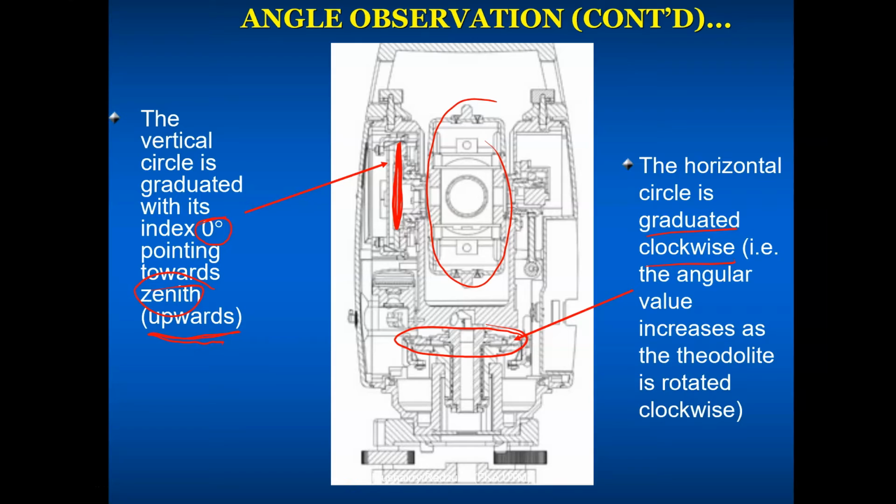I think you will see that later when we talk about bearing observation. But anyway, for now, the vertical and horizontal angles are given by a pair of glass protractors, and the 0 for the vertical is the zenith, whereas the 0 for the horizontal circle depends on the user, on what we have chosen.